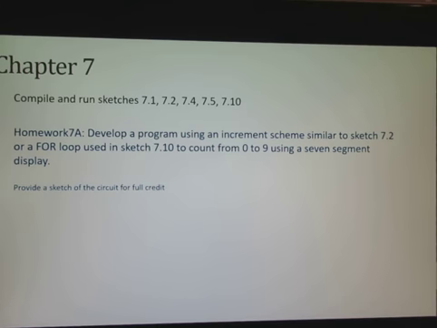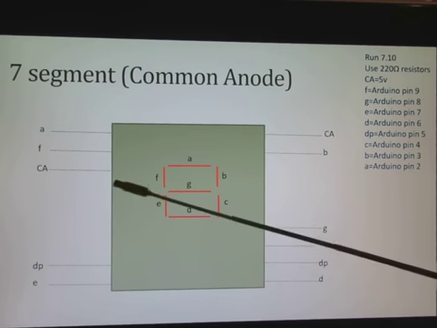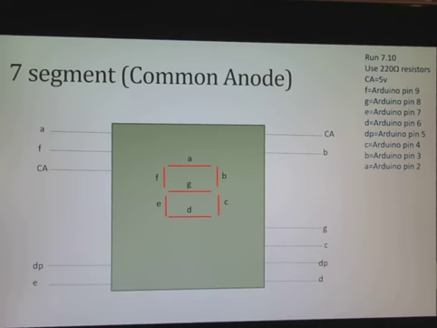Let's look here. This is a common anode 7-segment display, and we've run this before. We know about this. You could run program 7.10, and if you have a common anode at home, you could use 220 ohm resistors between each of the pins and each segment that we have here, and that would light it up consistently.